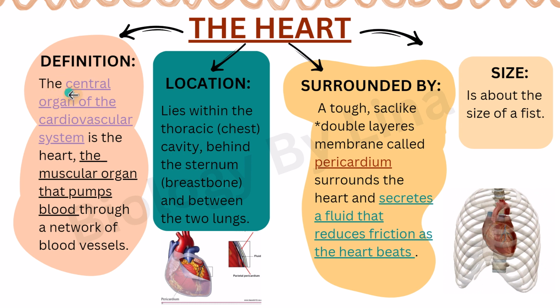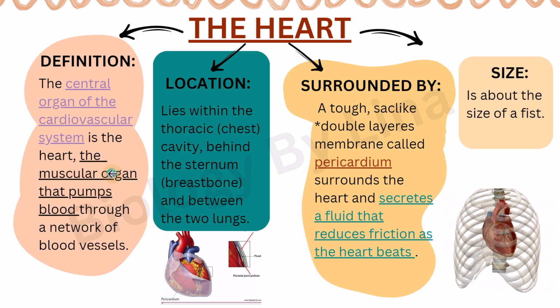Instead, it's an organ, the central or main organ of the cardiovascular system. As we said, for the digestive system, the central organ is the stomach, and for the nervous system, it's the brain. Also for the cardiovascular system, the central organ is the heart.